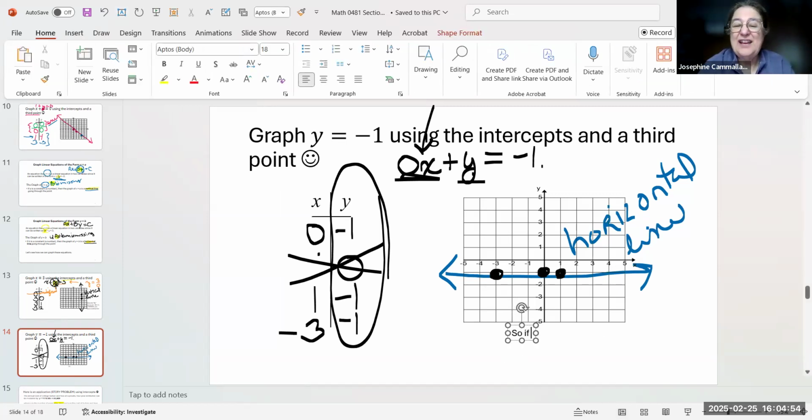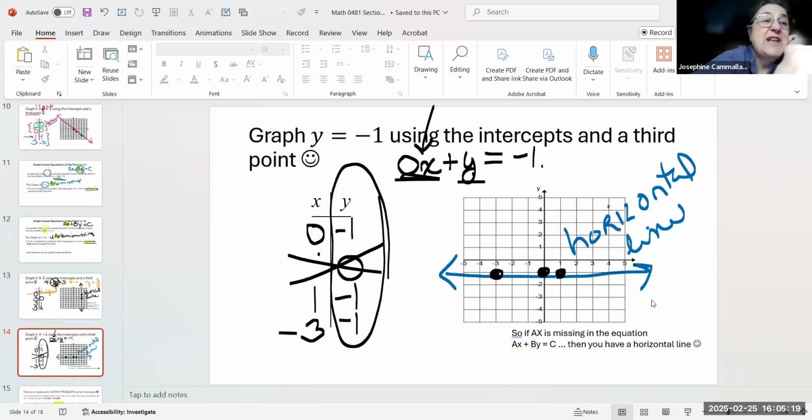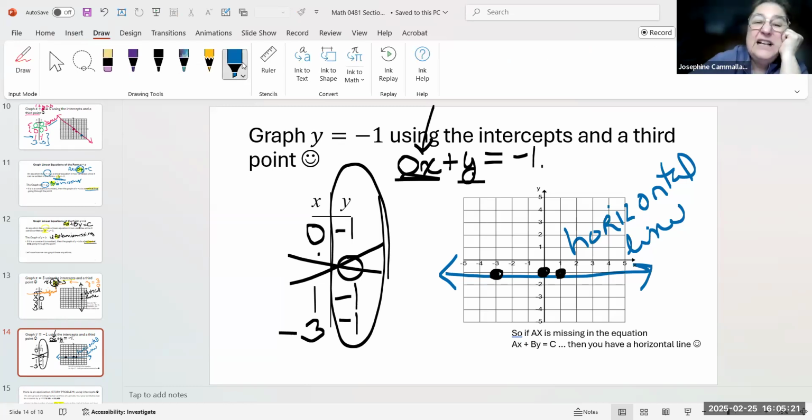So, if AX is missing in the equation, AX plus BY equals C, then you have a horizontal line. And that's exactly what happens. This AX term is missing. So I've got a horizontal line.